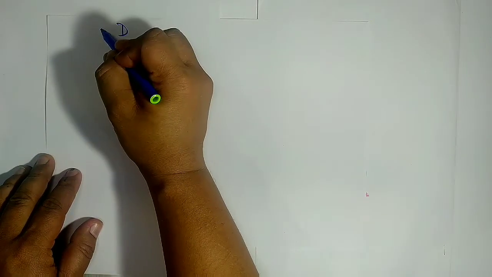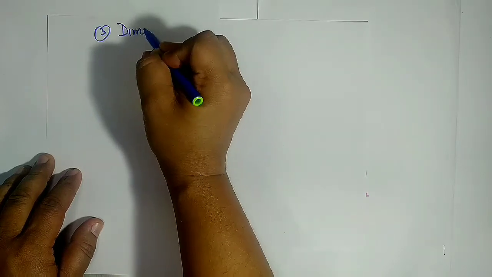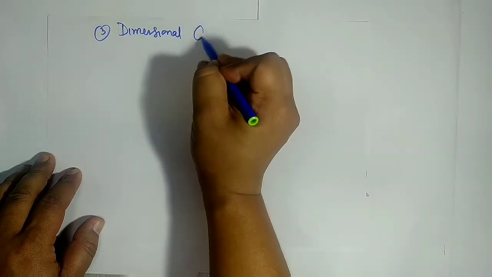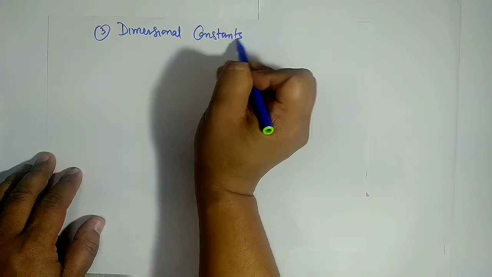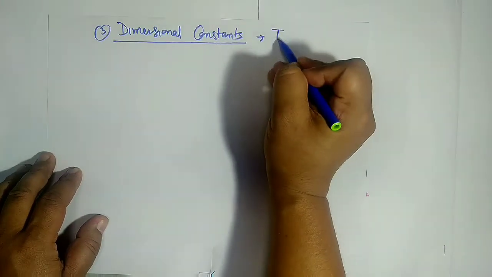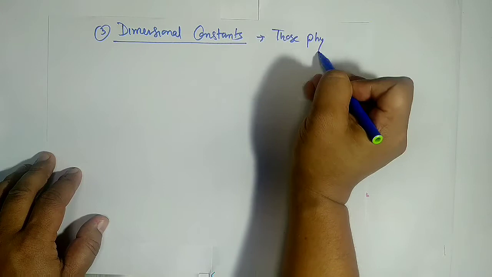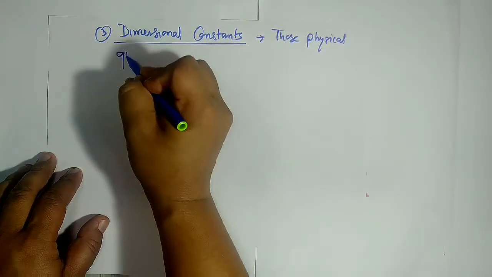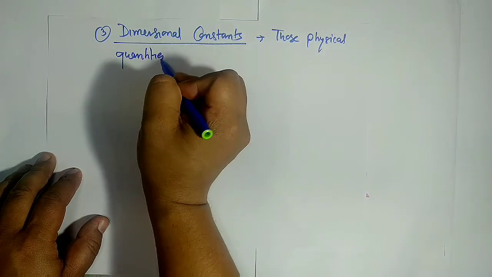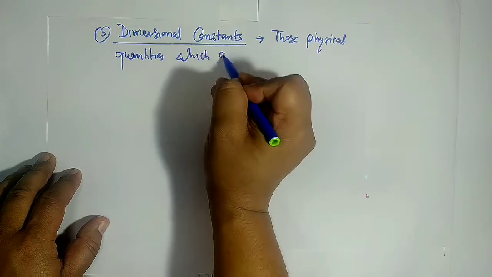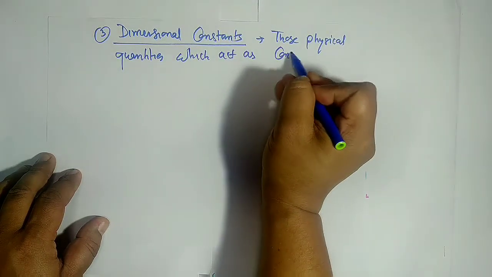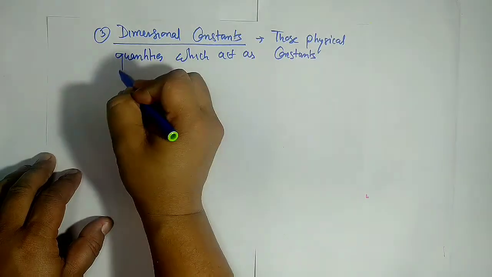In the same way, we have dimensional constants and dimensionless constants. Dimensional constants: there are some physical quantities which act as constants and have dimensions.